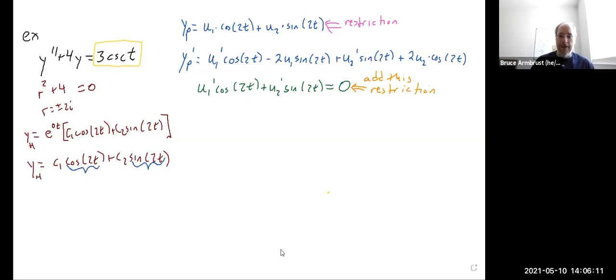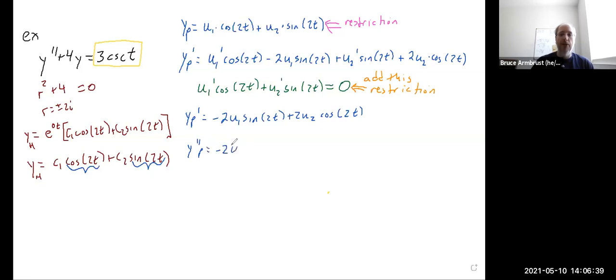And I know that you're probably still going, yeah, okay, whatever. So think about what that makes this derivative look like then. It's now minus 2u1 sine of 2t plus 2u2 cosine of 2t. Now let's find the second derivative.